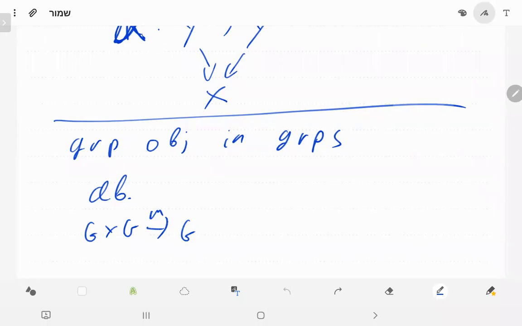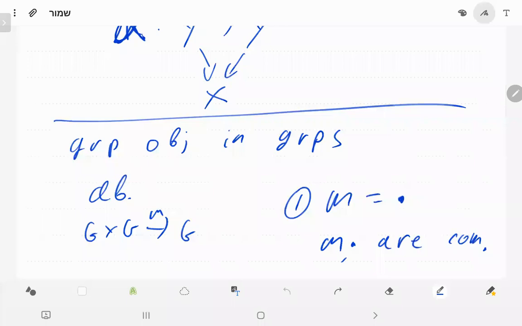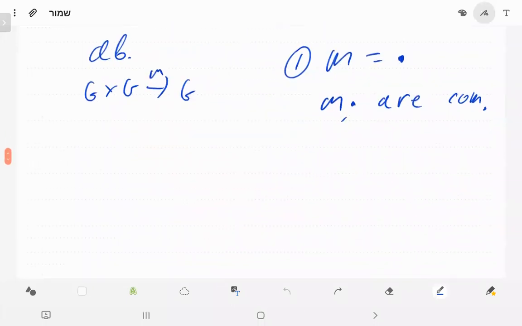So it means that first of all, M coincides with the actual product, and secondly, that both of them, M and dot, are commutative. Yes, so this is nice to know.